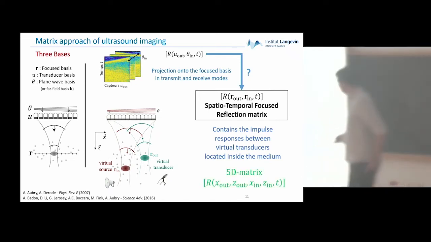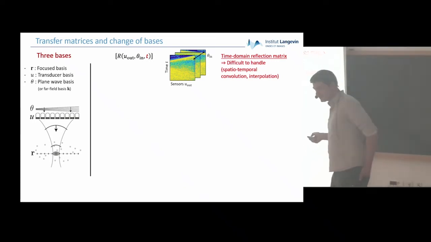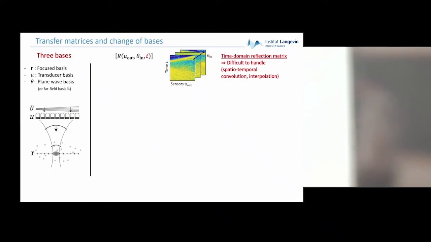So then, how can we jump from one basis to another? We can do it by applying time delays, and usually people in ultrasound imaging do that. Here I will rather go into the Fourier domain because it's easier to handle.